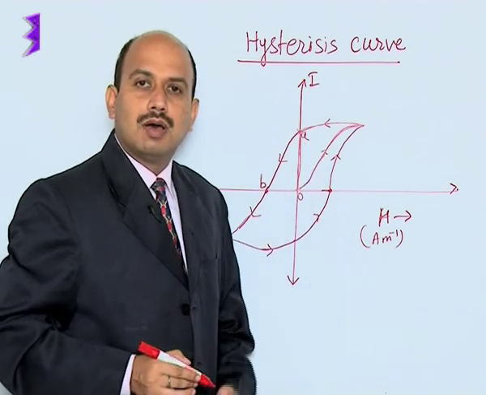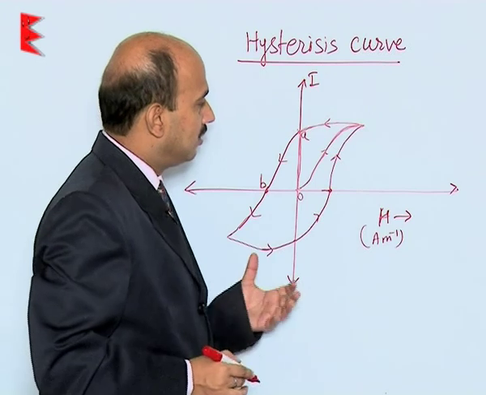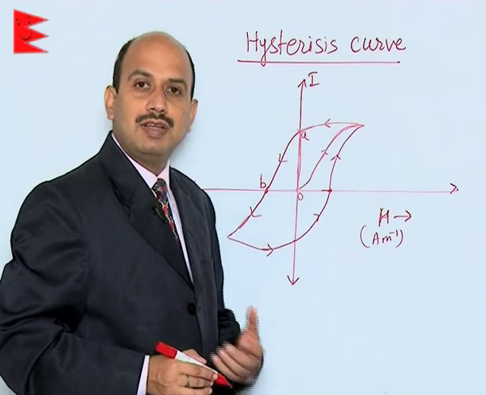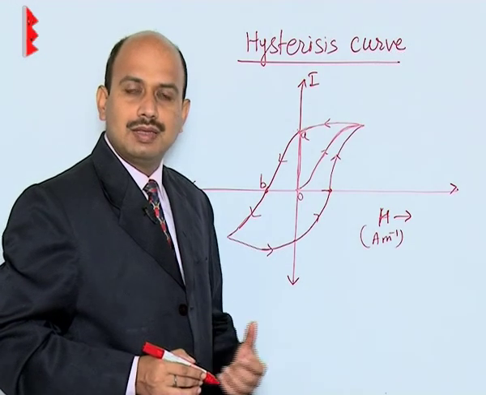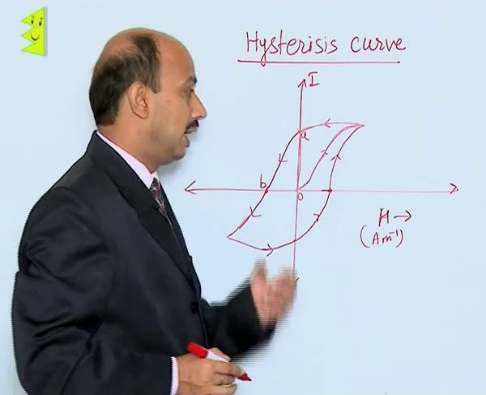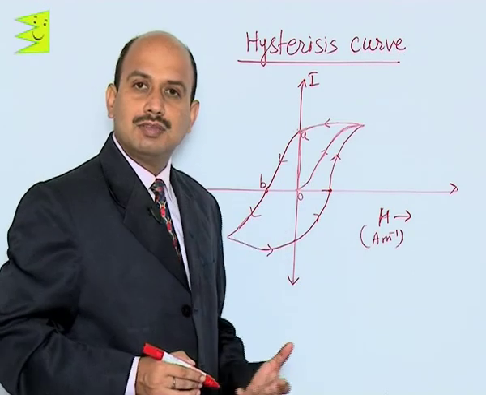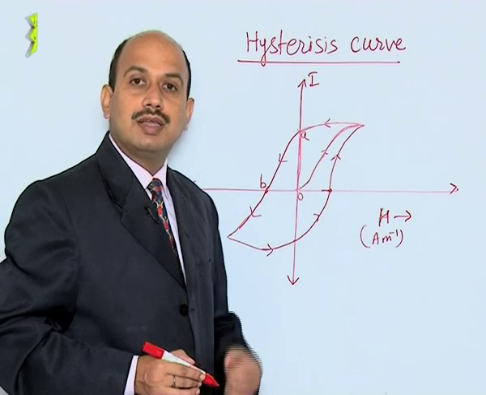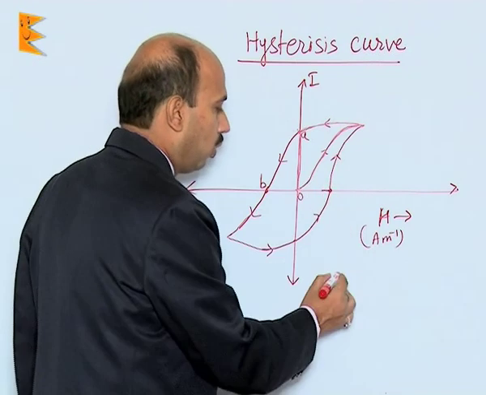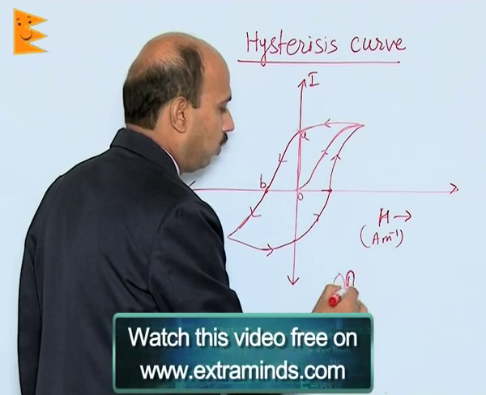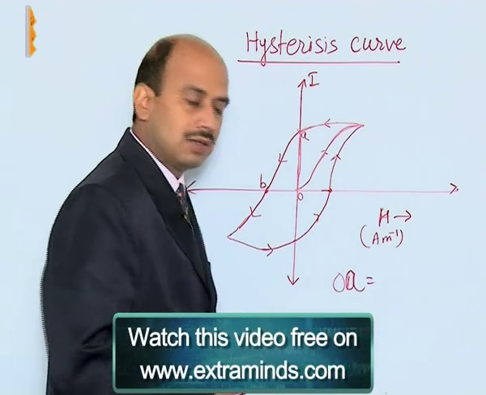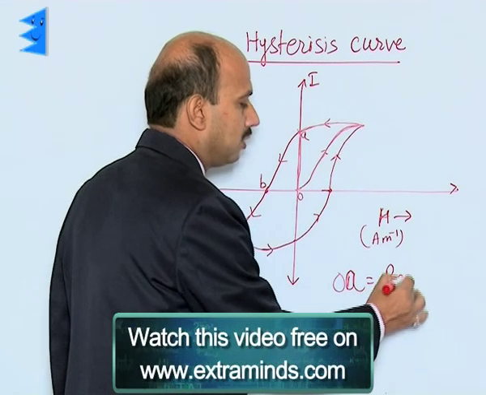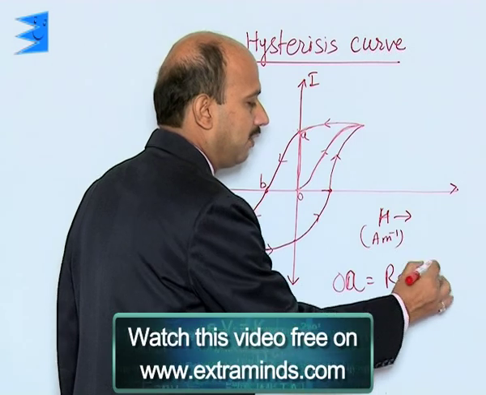It means when the external magnetic field is 0, the magnetic field inside the ferromagnetic material is not 0. That is residual magnetism, and this is known as retentivity.